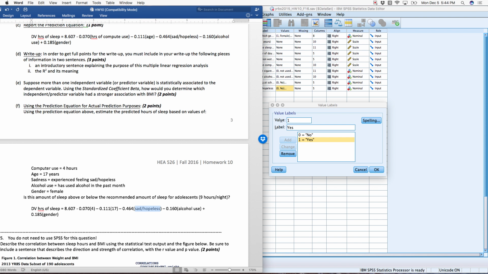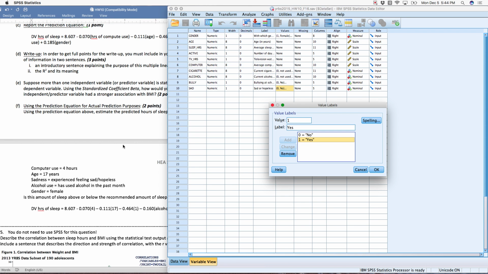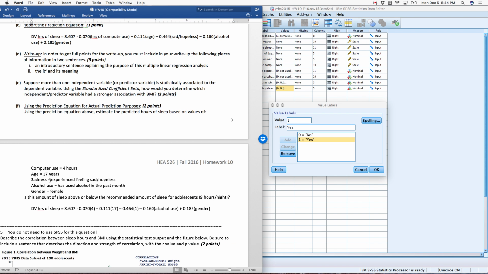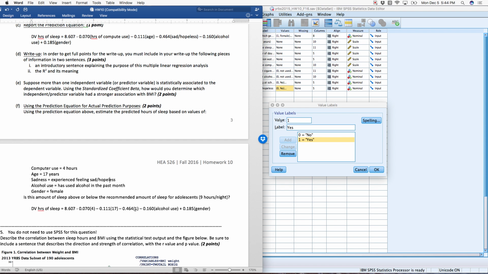So since we have these nominal variables, you can either put a 1 or a 0. In this case, since the person responded that yes, they have experienced feeling sad or hopeless, and in our original data, yes was a 1, that's what we're going to put into our equation.